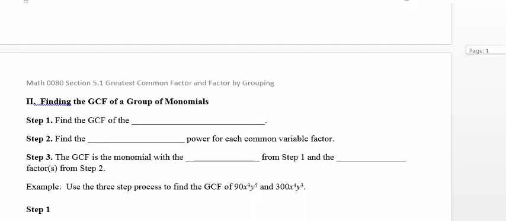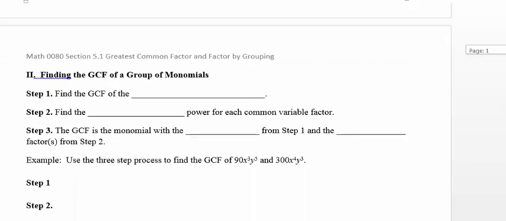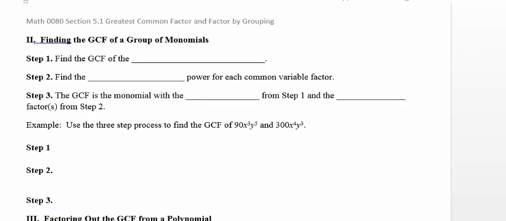So when we're finding the GCF of a group of monomials, we want to find the GCF of the coefficients of those monomials. So we want to do that first. Find the GCF of the coefficients.